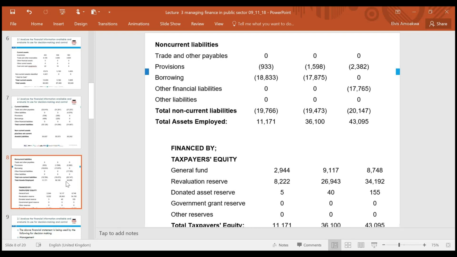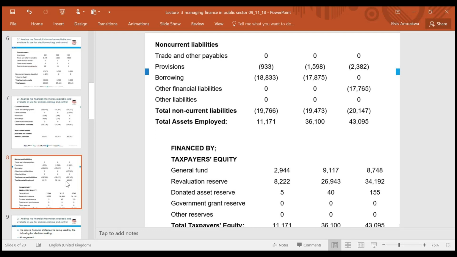All right, borrowing which are non-current liabilities, when we say liabilities, anything that is owed by the organization is a liability. Anything which is for you is your asset. So you've got liabilities for the current year and liabilities which are not for the current year.